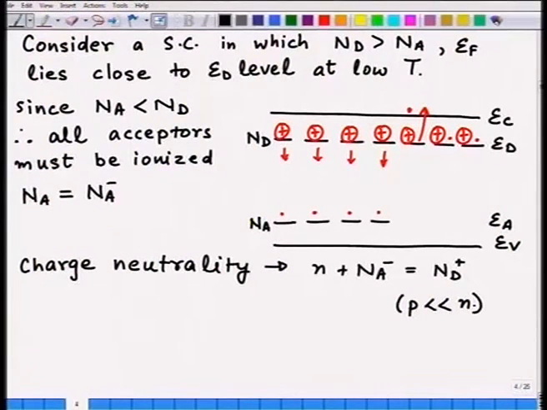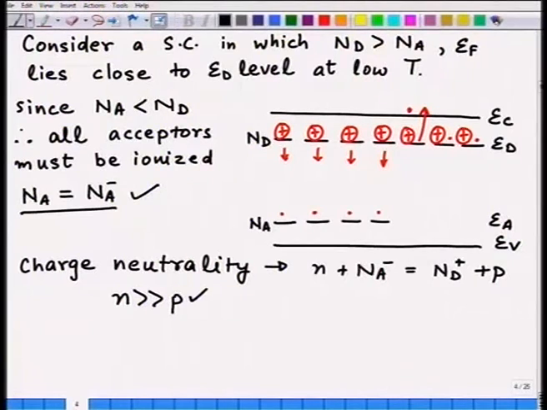Otherwise, let me add P in here first, and then I am going to use this assumption, that N is much greater than P, since it is an N doped semiconductor. We have seen that for an N doped semiconductor, the product Np is Ni square. Since N is dominating, I am making the assumption that N is much greater than P, and in most cases it will be true.